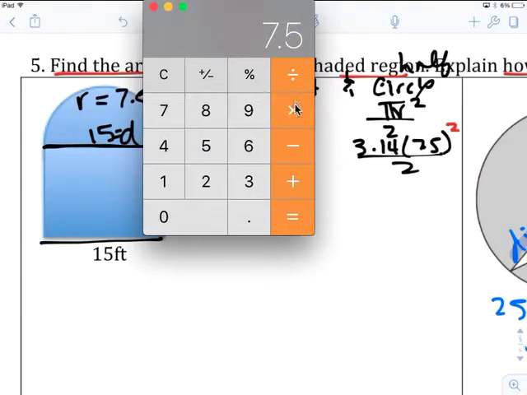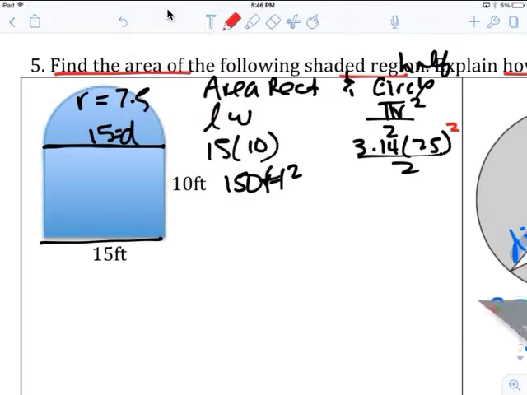7.5 times 7.5 equals that, times 3.14, divided by 2 equals 88.3125. That is your answer. So add those two together.